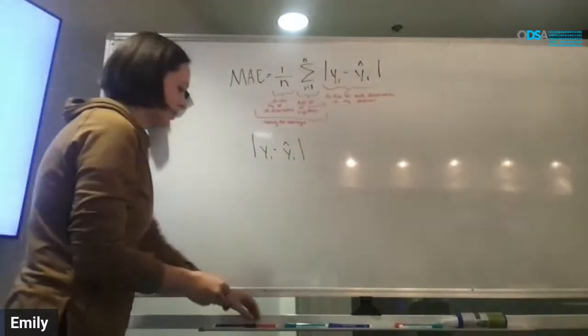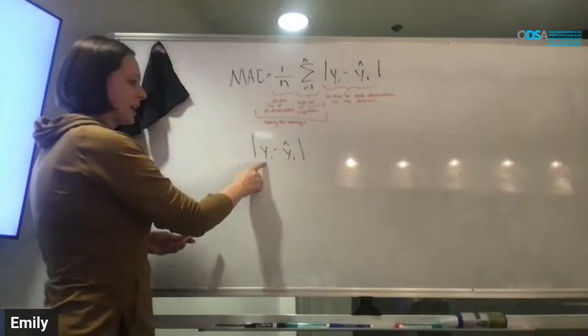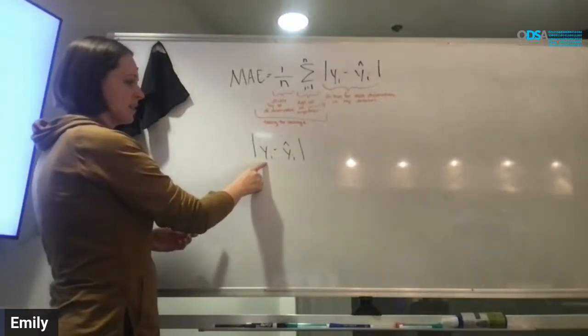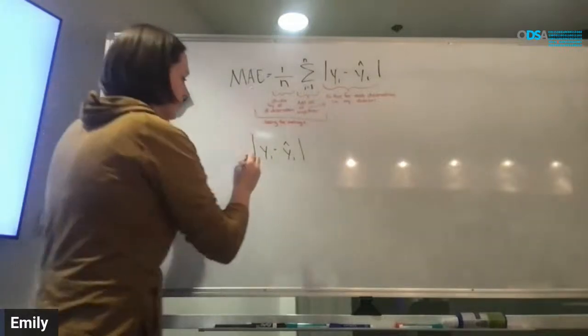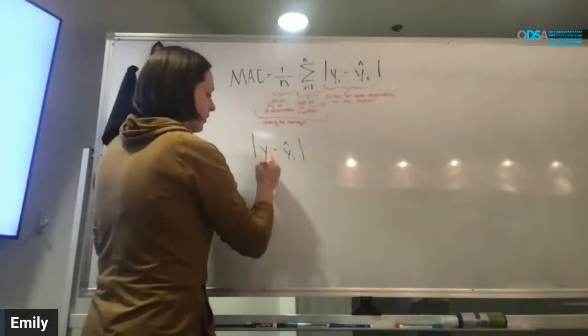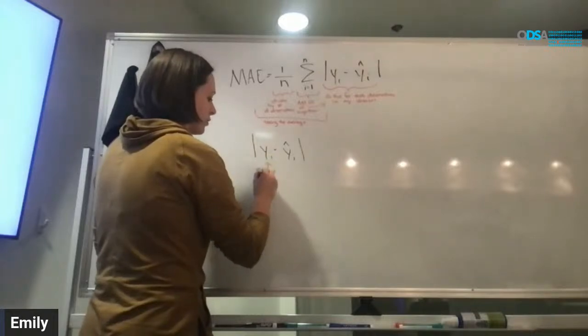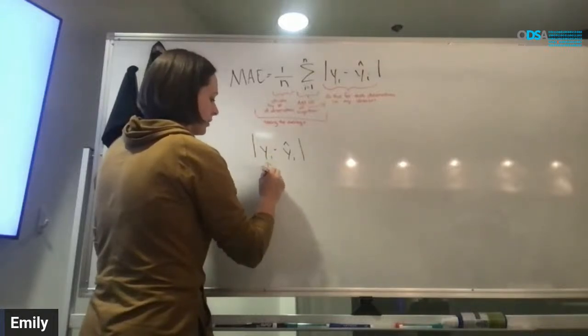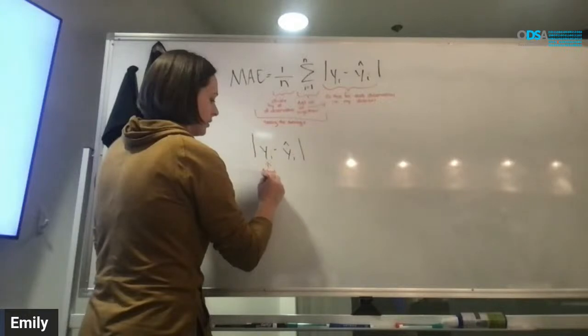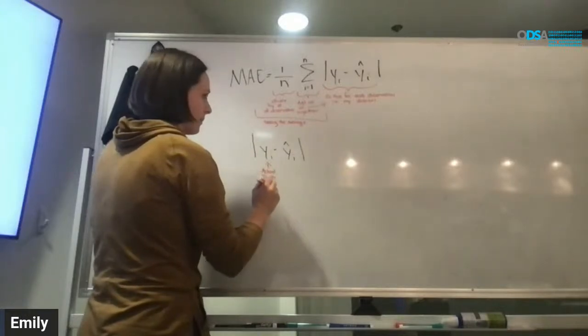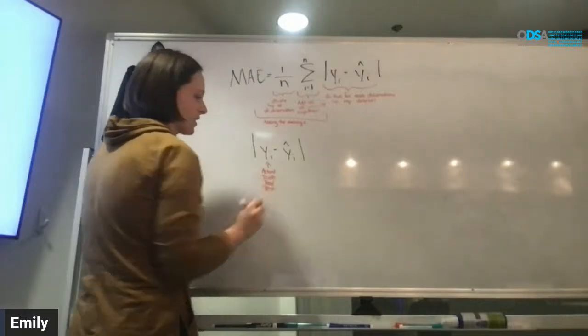Remember that y at i, I just want to make sure I say this right, is our actual value, ground truth, real value, actual truth, maybe our test data set.